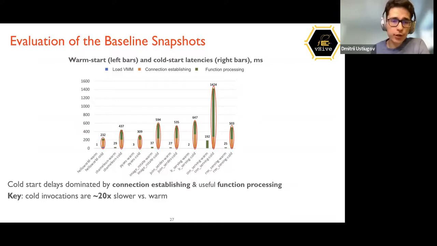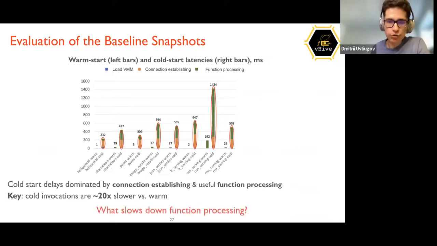And particularly, there is a big orange fraction, which is related to establishing a new connection, which is not even visible in the warm case because it's not there. And second, you can notice that the green part, which is function processing, increased by an order of magnitude.